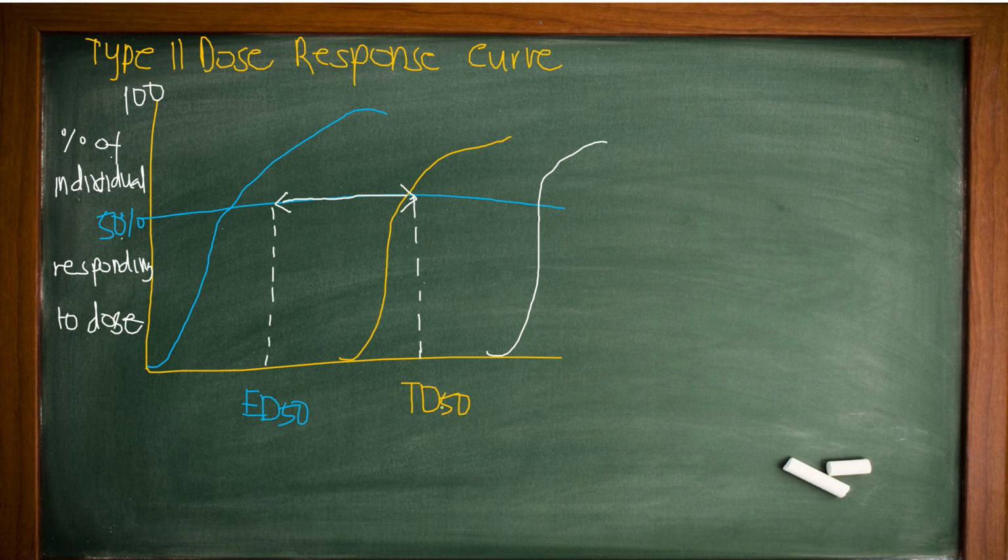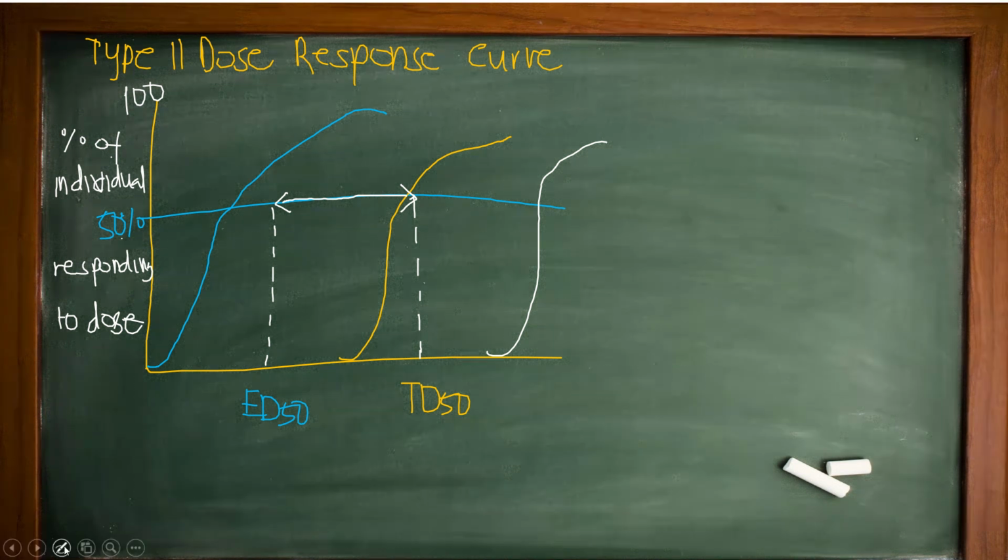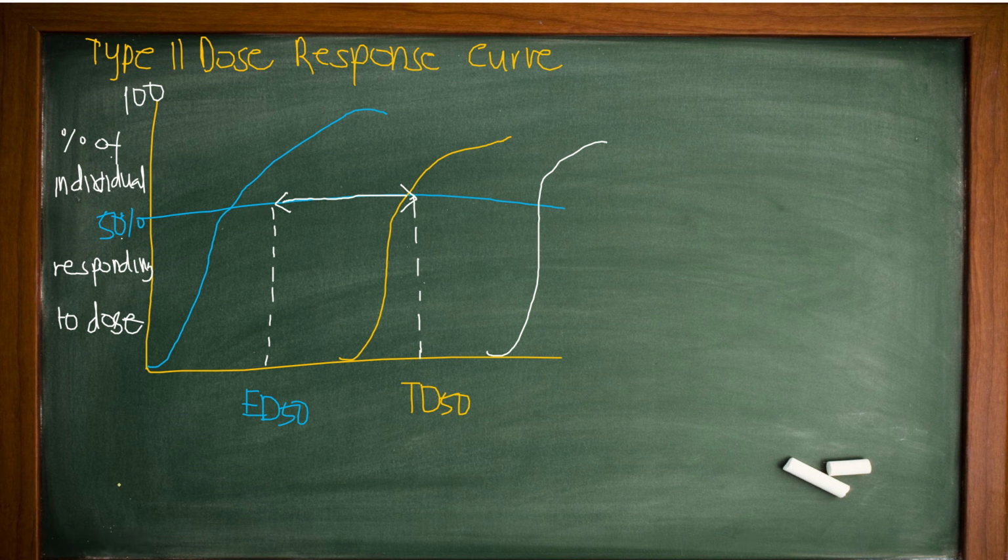And the ED50, what is again your ED50? That's the therapeutic dose of a drug, in color blue. This is the toxic dose of a drug. If you put the line of demarcation, makikita po natin ito.